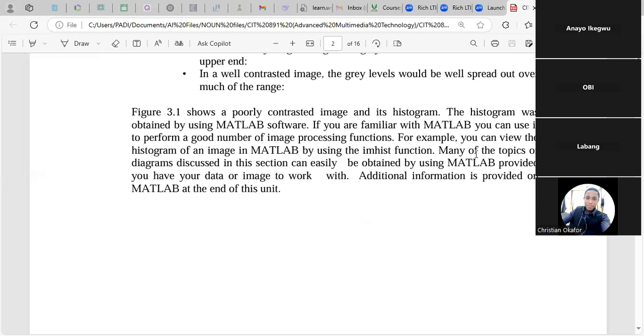For example, you can view the histogram of an image in MATLAB by using the imhist function. Many of the diagrams discussed in this session can easily be obtained by using MATLAB, provided you have your data or image to work with. Additional information is provided on MATLAB at the end of this unit.